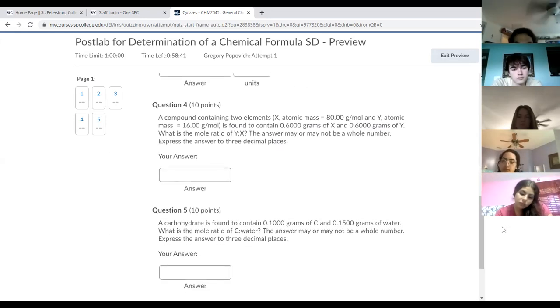It's found to contain that many grams of X and that many grams of Y. You are given atomic masses. Find the molar ratio of Y to X. Again, make sure that you're reporting it in that order. Also, I want the rough molar ratio there.